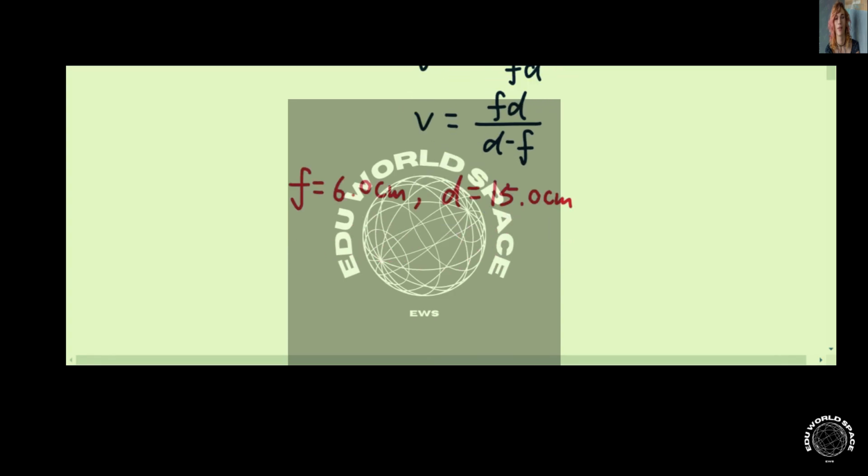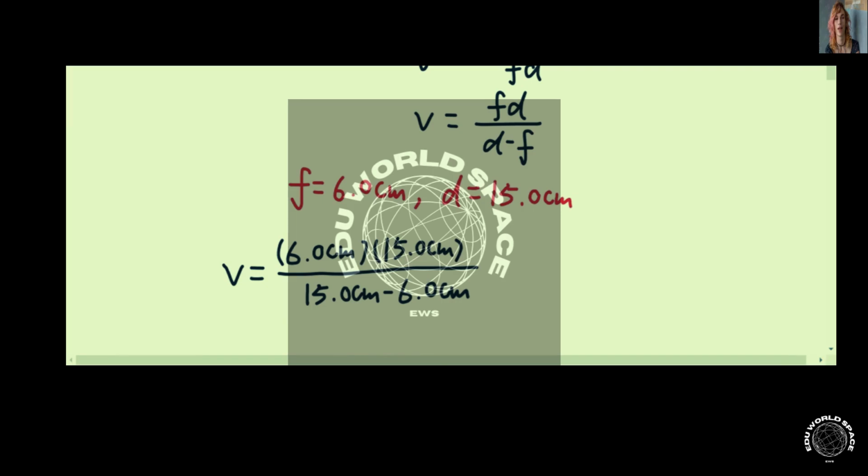So now we can determine the image distance, which is v equal to 6.0 centimeter times 15.0 centimeter over 15.0 centimeter minus 6.0 centimeter.